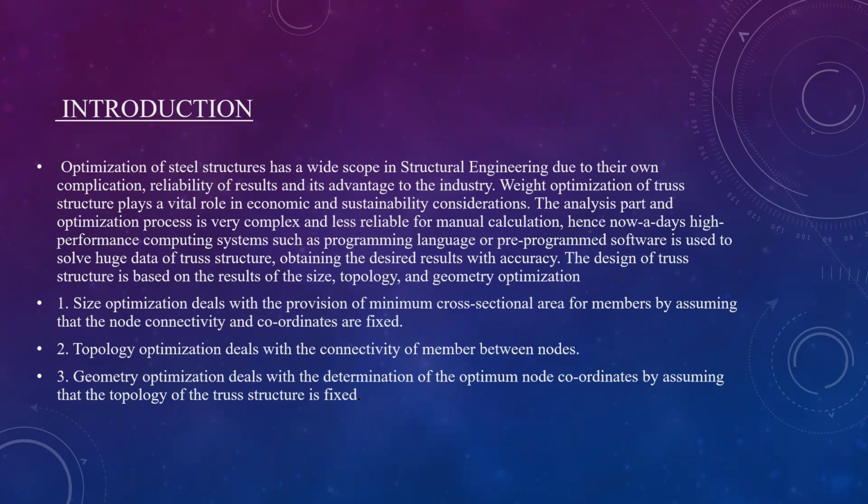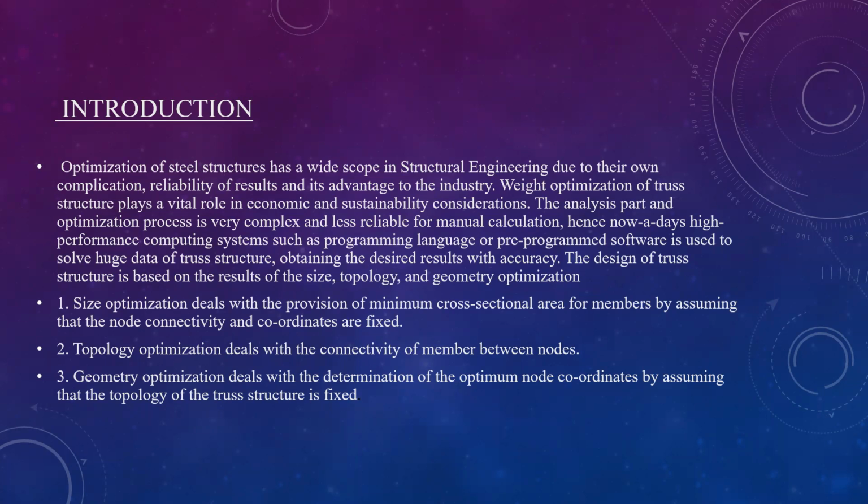Hence, nowadays, high performance computing systems such as programming languages or pre-programmed software are used to solve huge data of truss structures. To obtain the desired results with accuracy, the design of a truss structure is based on the results of size, topology, and geometry optimization.